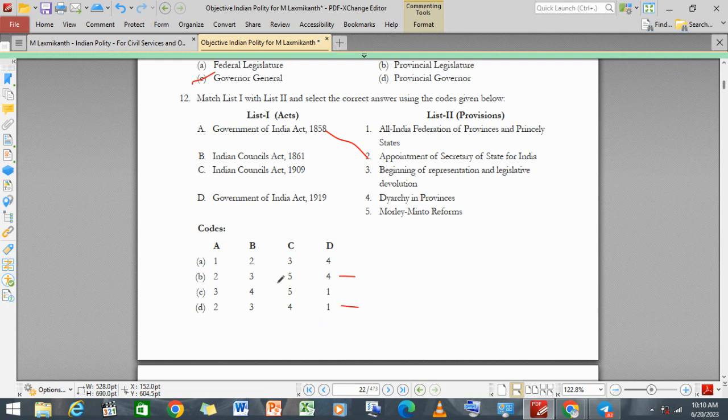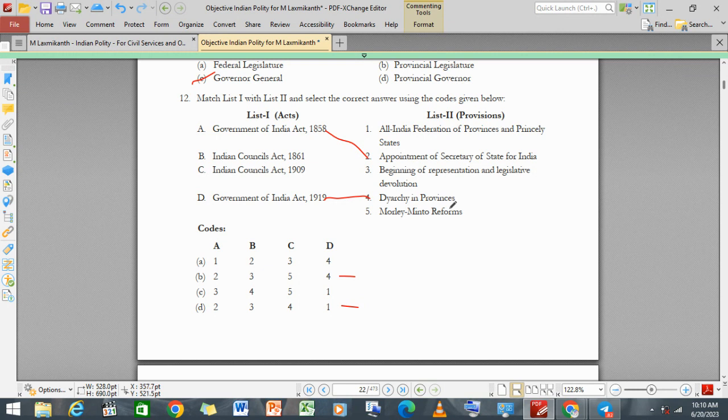And what is the difference here? We can see 4 and 1. So let's check 4 and 1 in D. Government of India Act of 1919. 4, Diarchy in province. So it is quite correct; Diarchy in province came in this.